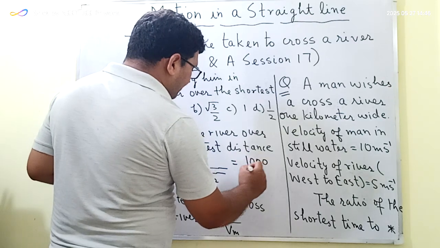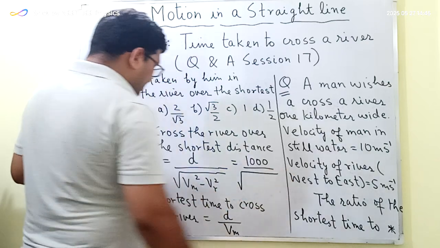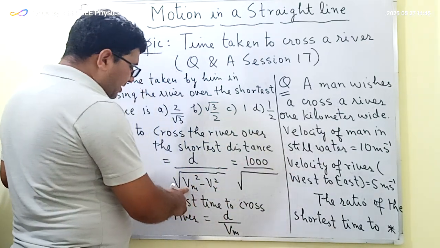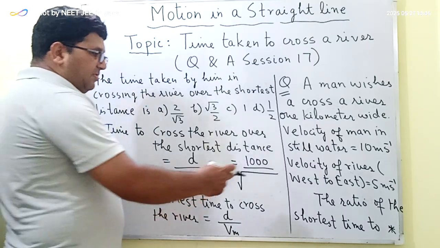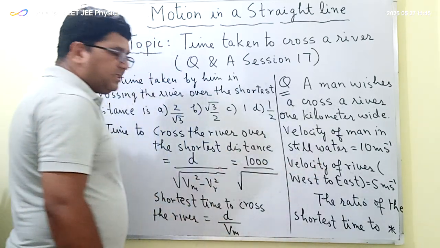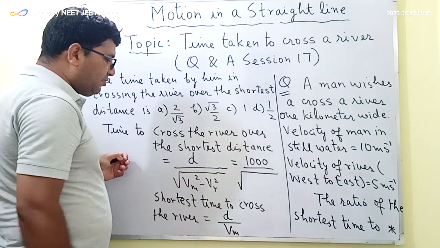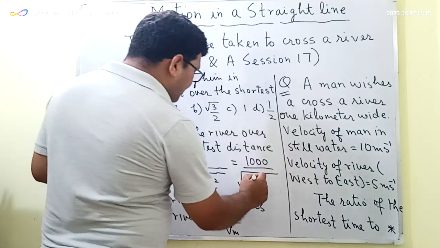This is equal to 1000 divided by under root Vm square, which is 100, minus Vr square, where Vr is the velocity of the river flowing from west to east, 5 meters per second, so Vr square is 25. So under root Vm square minus Vr square is equal to under root 75.